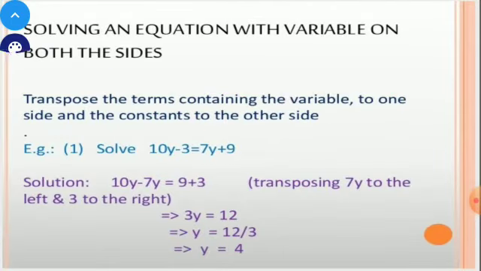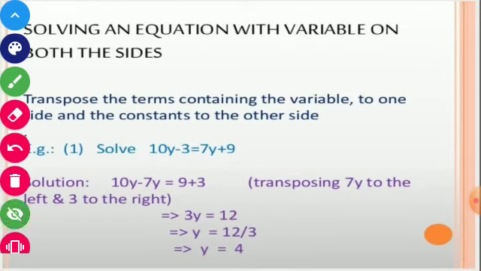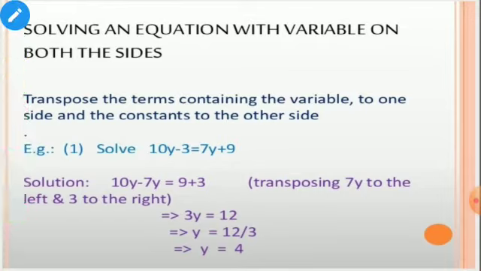Now solving an equation with variable on both sides. When we have variables on both sides, for example 10y minus 3 is equal to 7y plus 9, what do we have to do, children? We have to bring both the variable terms together.